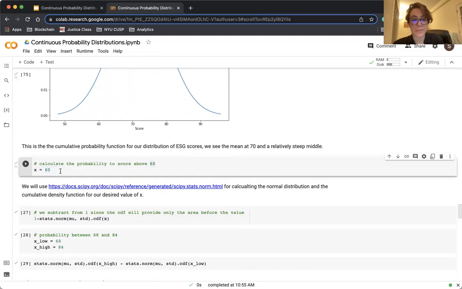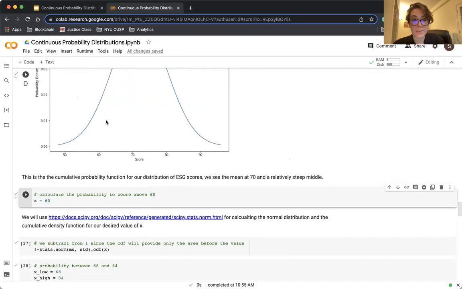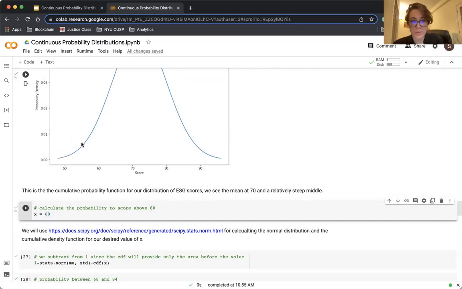So we define that, and we're looking for anything above 60. This output will give us the cumulative distribution, and we want to subtract that from 1. That pretty much means the cumulative distribution below that 60, and because we want everything above that, we subtract it from 1.